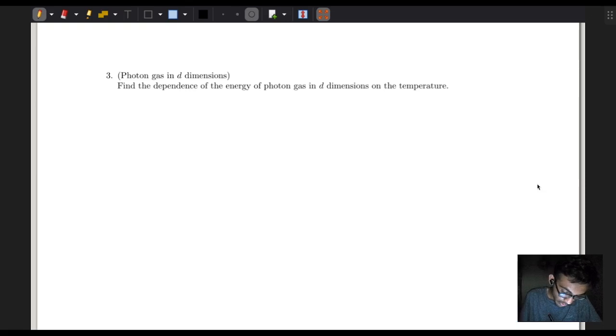So the energy of the single particle states, E of k, this is still h bar c k, right? So it is still linear dispersion. By photon gas, we mean some massless relativistic bosons.